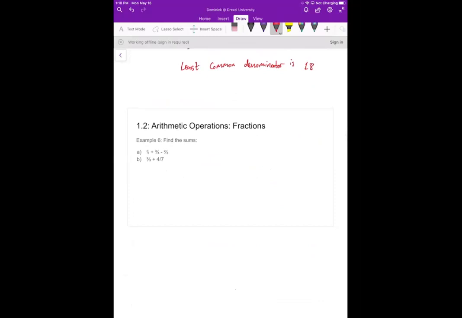So for this example in part A, we have 2 over 5, 3 over 4, and 2 over 3. All right, now of course all these denominators are different, so we can't add or subtract them right away. We need to find the LCD.